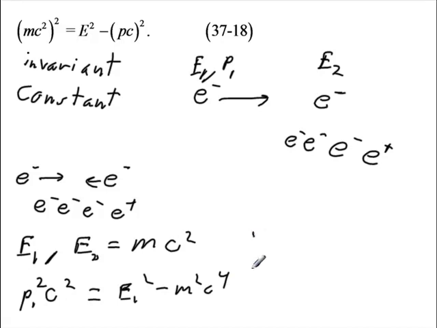After the collision, in the center of mass frame, the total energy is just going to be 4 mc squared, and the total momentum is going to be 0. So I'm going to plug these values into the invariant before and after the collision.